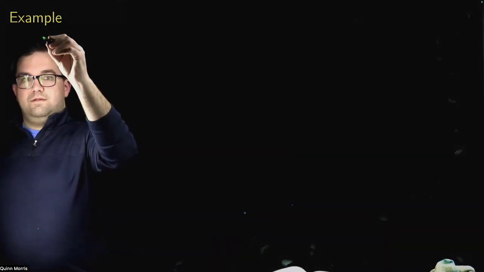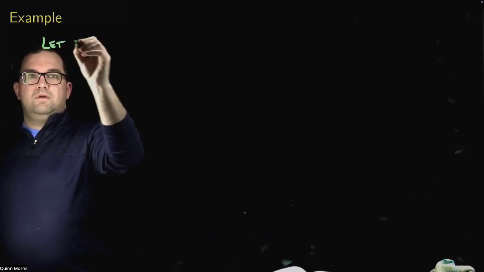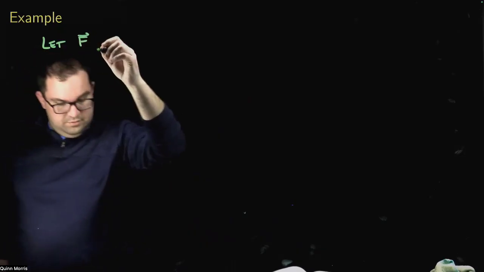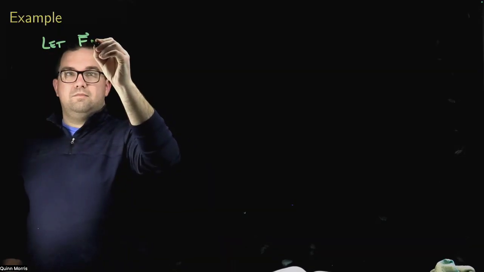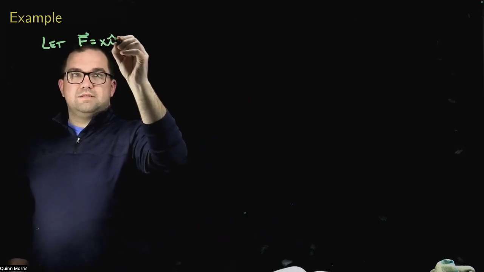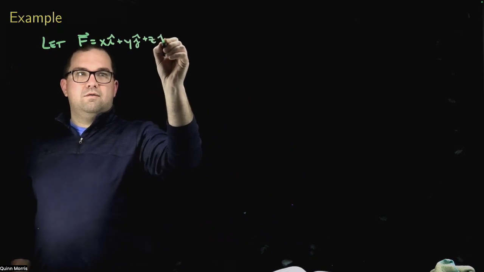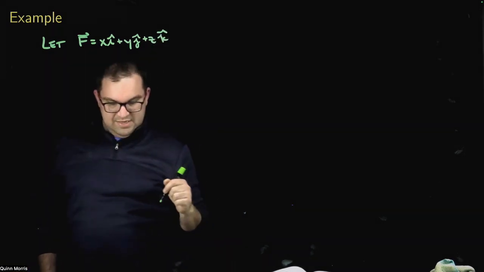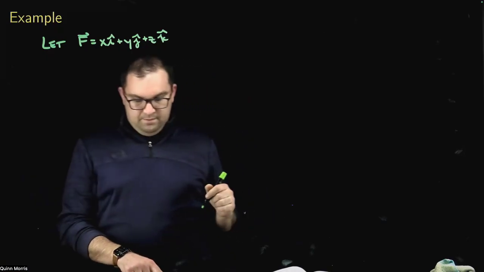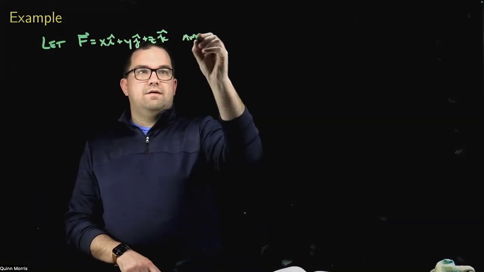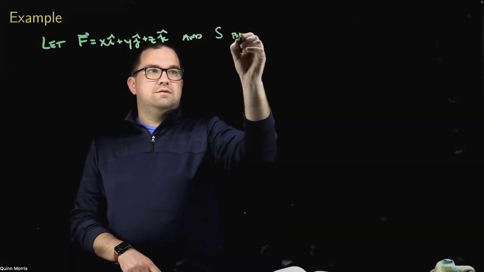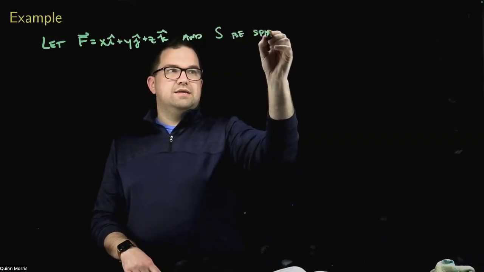So now for this example, let F be xi plus yj plus zk, and S be that same sphere of radius 2.